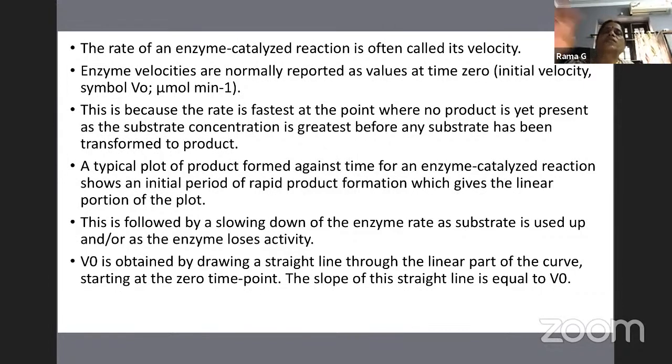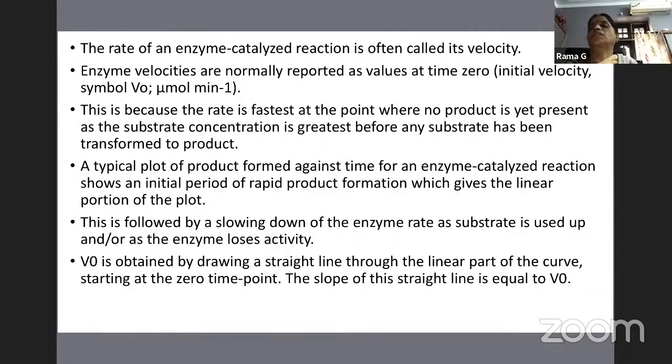When the substrate concentration becomes less, the rate of reaction goes down gradually. As the reaction proceeds with a higher rate and the substrate molecules are gradually transformed into product, at one point the concentration of the substrate molecules becomes less. Then at that point the rate of reaction comes down.